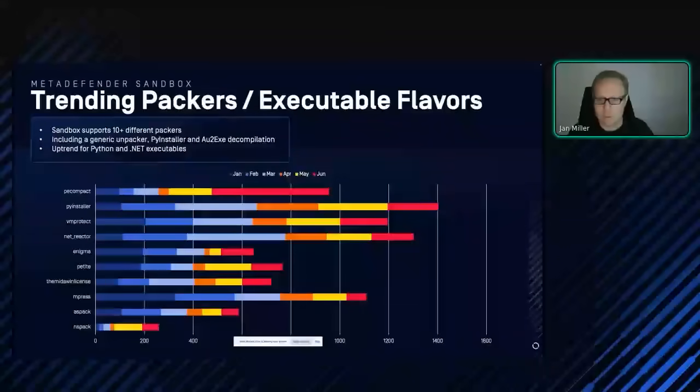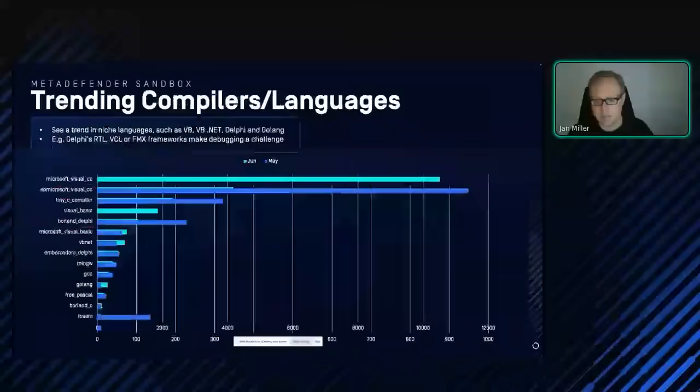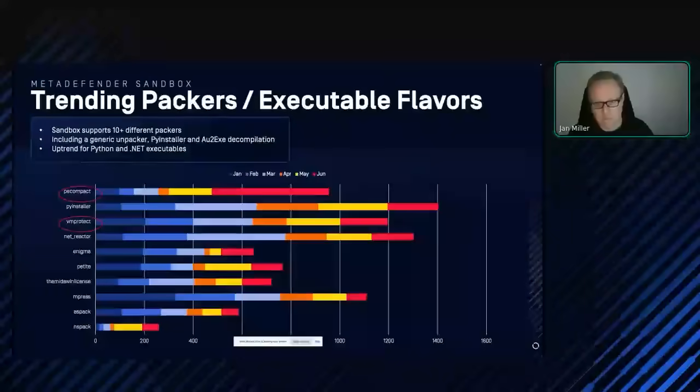So what was really interesting here is that we see a trend towards usage of more sophisticated packers like VMProtect, which comes with a virtual machine inside, really also underlining and reconfirming to us that focusing on sophisticated unpacking to look inside of executables is really a very useful technology.